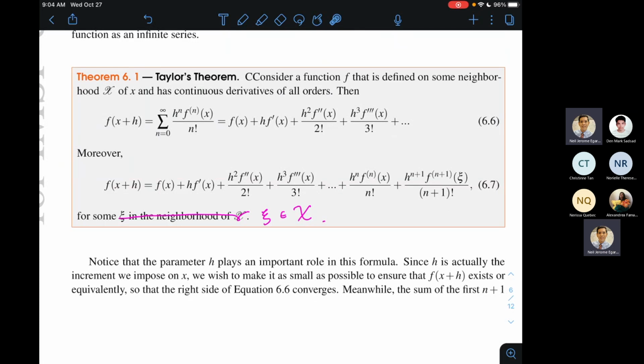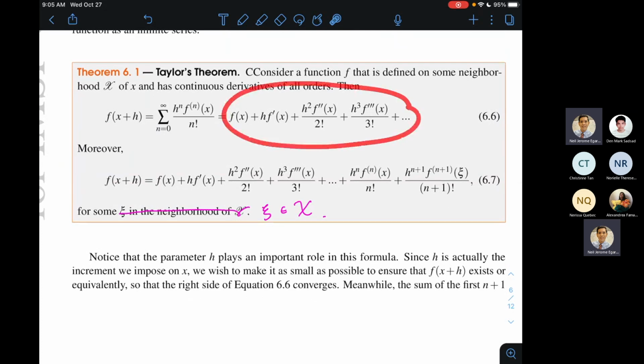So merong expansion si f as an infinite series consisting of the derivatives. Kaya lang dito medyo kakaibang form itong equation 6.6 kasi ang ine-expand natin dito ay hindi lang si f of x pero ang expansion na to is true for f of x plus h. Okay? And for f of x plus h, ito lang yung expansion niya.